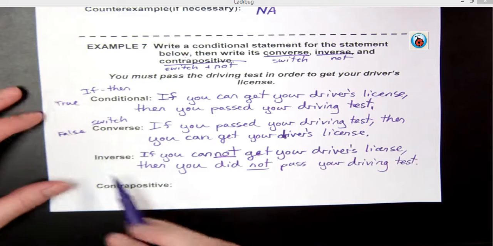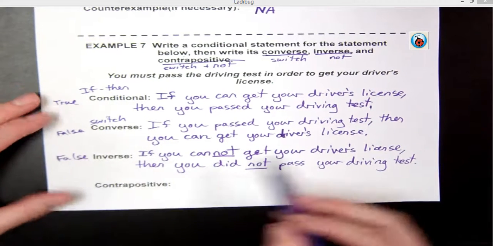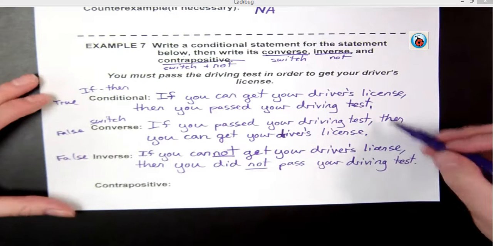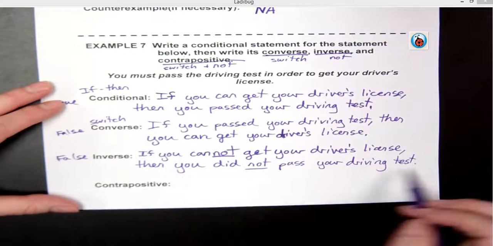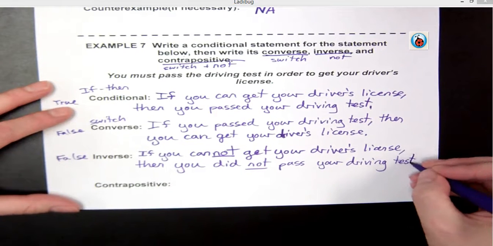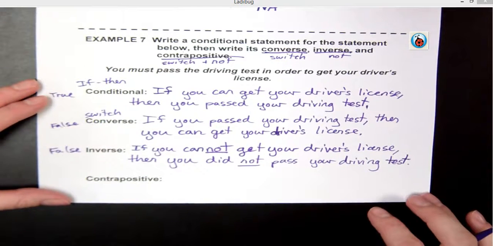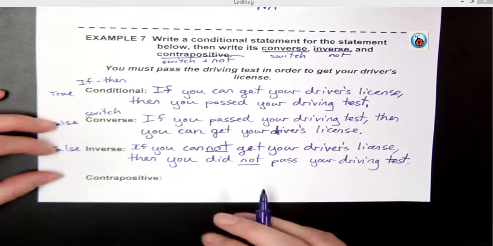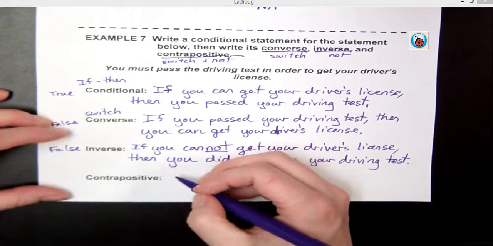And that has about the same level of truth as the converse. Both of those are usually true, because usually the driving test is the last step, and so you get your license after that. But you could take the driving test and fail the eye exam, or just not have everything else in order that you need. So those are both false. There are some counterexamples.